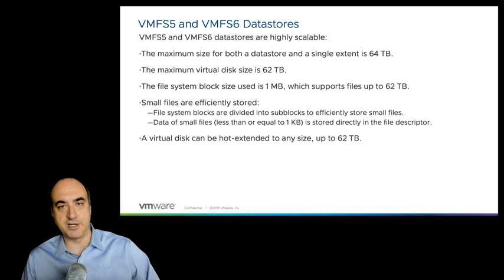So growing from less than 2 terabytes to over 2 terabytes, or once you were over 2 terabytes and needed to grow to another size beyond that, could only be done when the VM was powered off, having to do with protecting certain guest OSs that didn't support that hot extension as well. However, in vSphere 6.5, the restriction was lifted, so now vSphere allows hot extending virtual disks from 6.5 onwards, no matter whether you're less than 2 terabytes or over 2 terabytes. Now, if the guest OS has issues with that, you have to be mindful of the guest OS. The restriction in vSphere is what has been lifted.